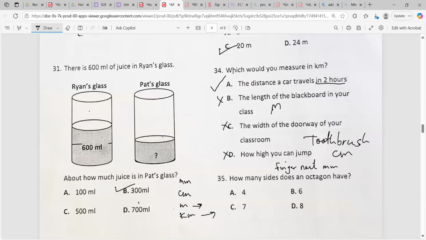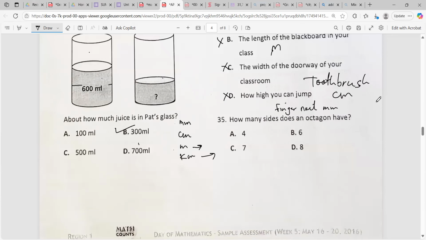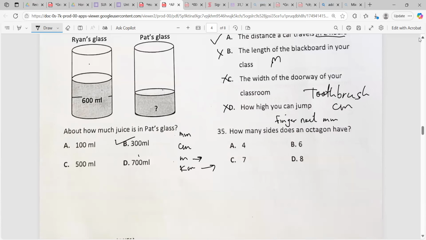Just imagine you're measuring your blackboard in kilometer. Kilometer is very long, so it's going to be difficult to express it. That's why we use kilometer for distance. All of them can really be said to be distance, but it's a smaller unit. So all of them is length.